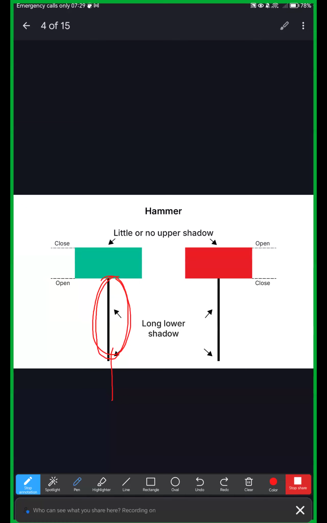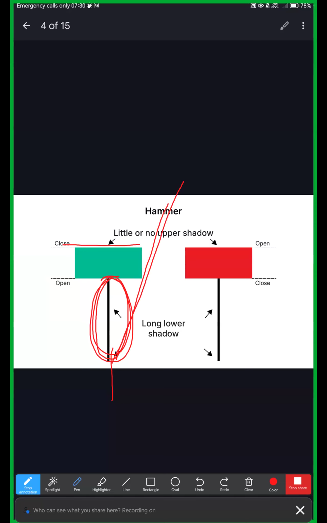So what is the intention of buyers in this case? The intention is to push the price back to the opening or probably above the opening. That is the intention of buyers, to push the price up. So when they are rejecting price here, they don't want the price to go further down. The intention is to push the price back to the top.